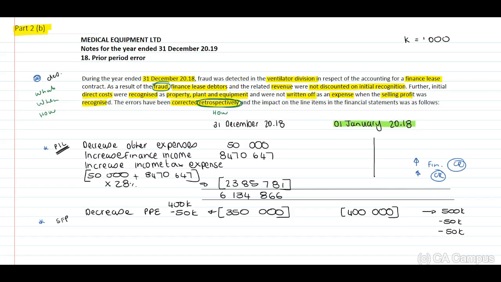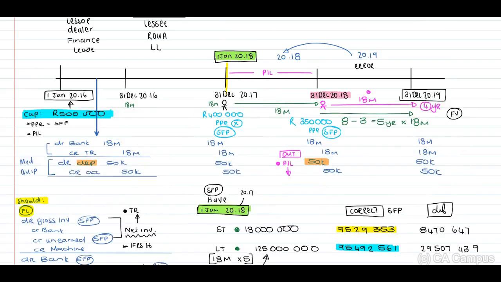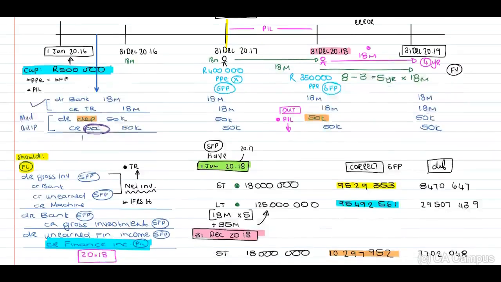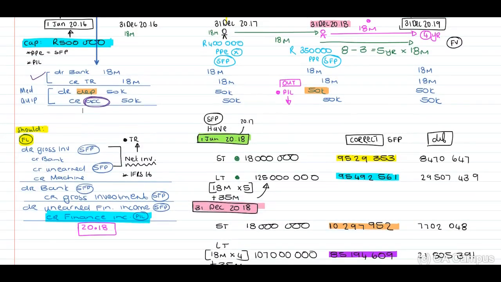Okay, now let's refer to our workings. Next, what have they done in terms of our statement of financial position? And you can follow me with a purple here. Okay, debit bank, credit trade receivables. Okay, we have corrected our PPE, the depreciation. What they should have done, guys, we should have included a net investment, the short-term and the long-term portion.